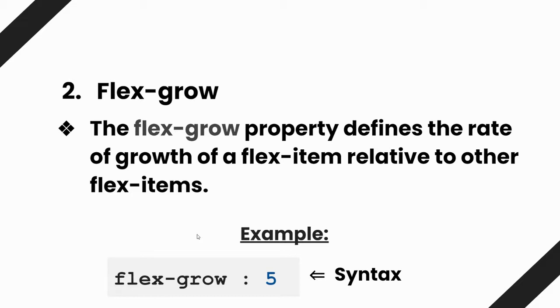But then we can actually define how much this item should grow. So assigning any flex item the syntax we have here, where the flex grow is assigned the value of 5, would make that particular item grow 5 times the normal growth of other items. So that's what this property actually does.